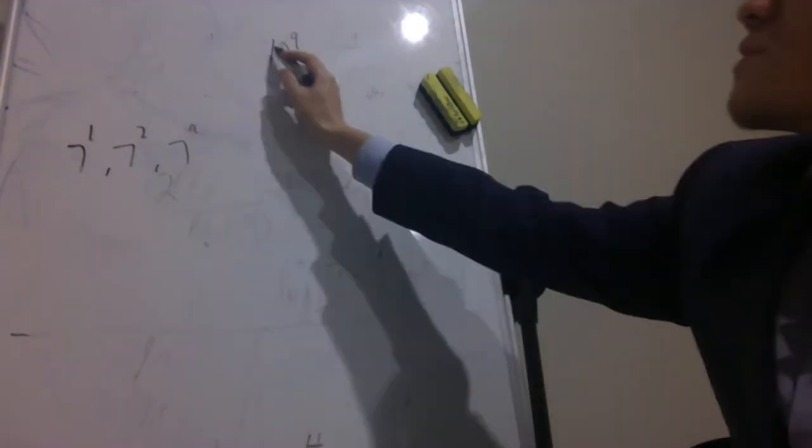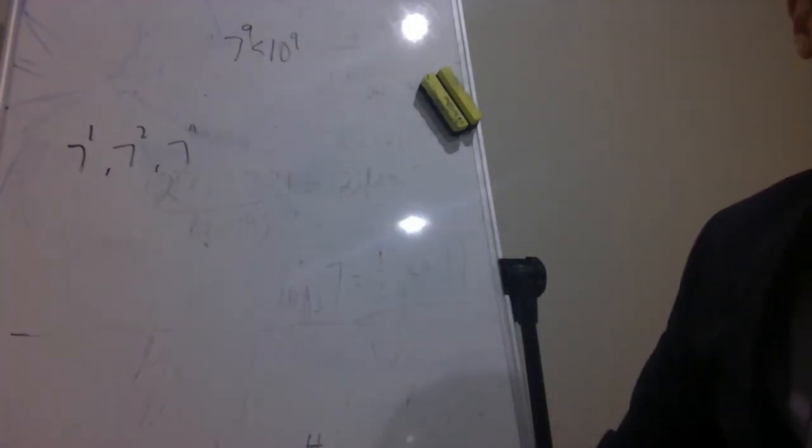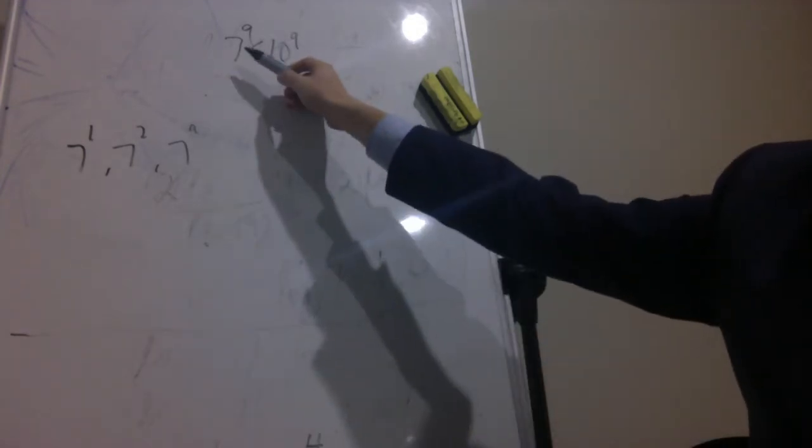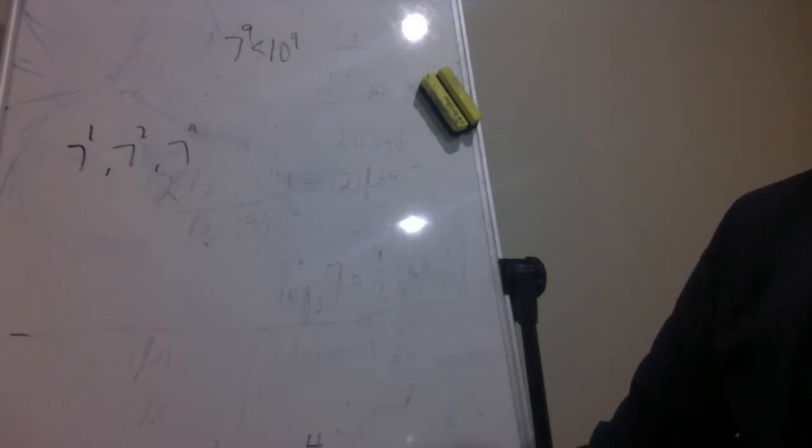So can you see clearly that 7 to the 9 is less than this? Just because 7 is less than 10. Yeah? Yeah. So that's obvious. So the answer should be 9 or more. Yeah?